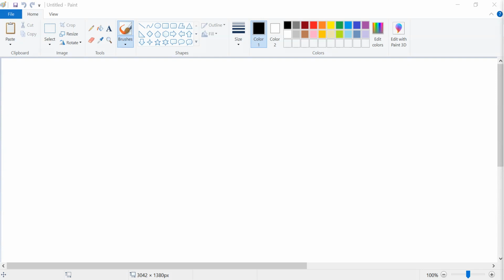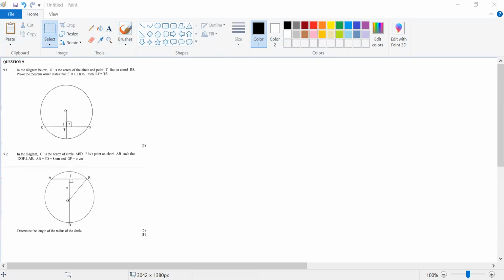All right, so let's take a look at question 9. For this question, we can notice that there's a proof in the first part. They're asking you to prove, I think it's theorem 1, that the line from center bisects a chord if it's perpendicular to it, right?